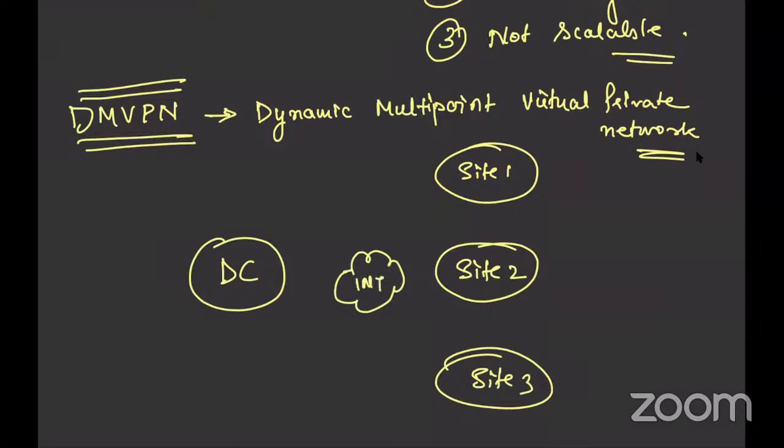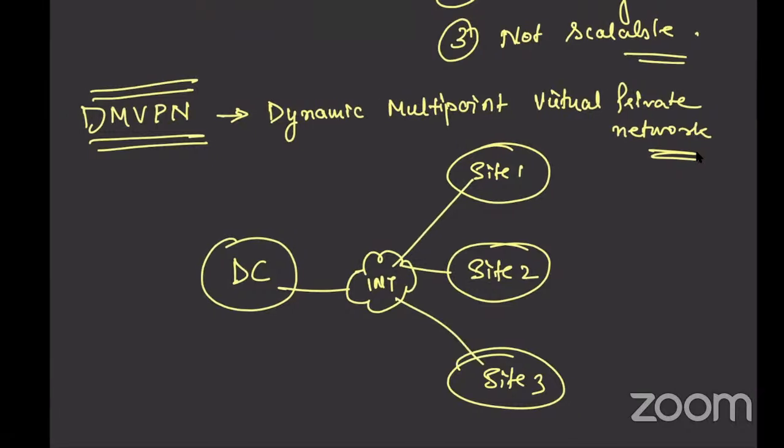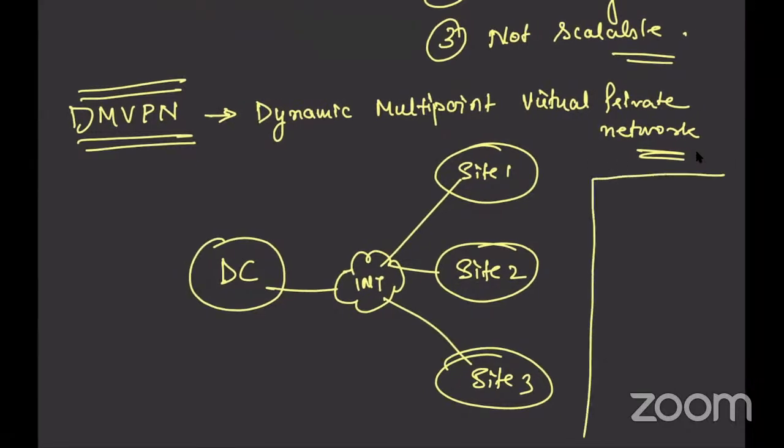So DMVPN uses 4 different components which they introduced to communicate with this. We're going to discuss those 4. The first point is that instead of point-to-point GRE tunnels, it makes multi-point GRE tunnels.